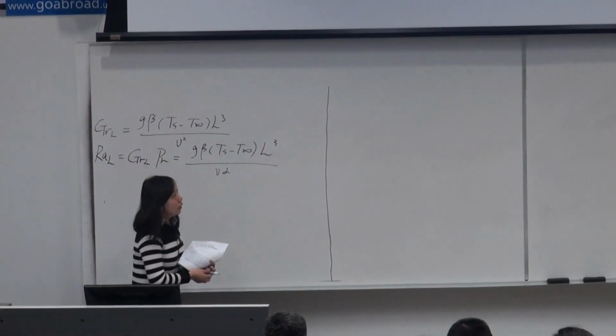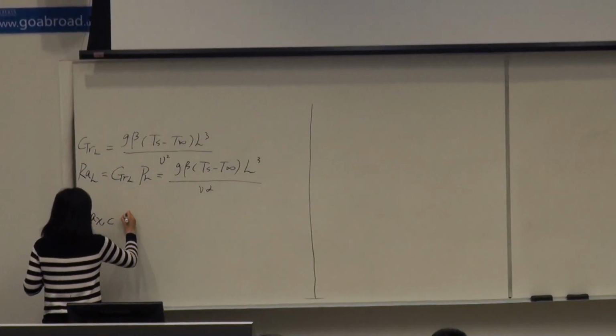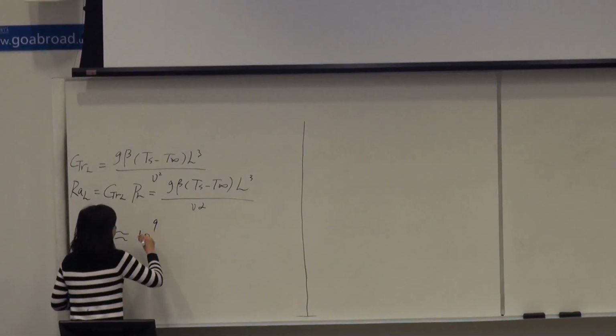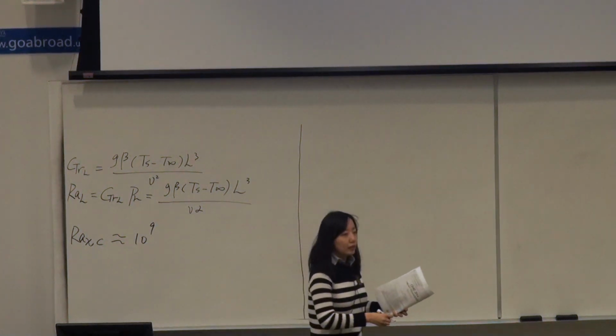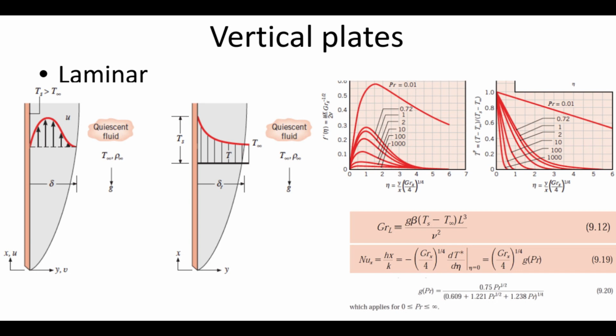And we discussed that the transition to turbulence happens at a critical Rayleigh number of about 10 to the power of 9. Based on this, we can solve for the location along the vertical plate where the turbulence starts.